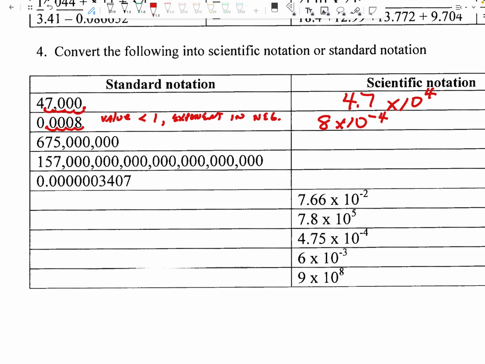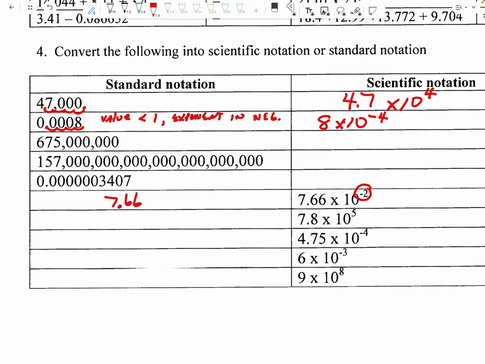So we have scientific notation here, 7.66 times 10 to the minus 2. What we're going to do is rewrite our number and put 7.66 right here. And we're going to go 2 spaces to the left because we have that exponent of minus 2.